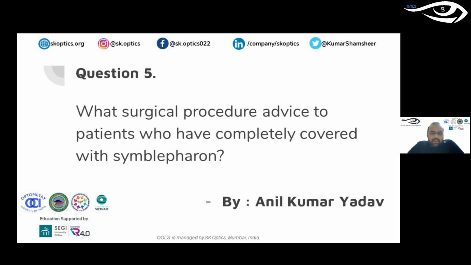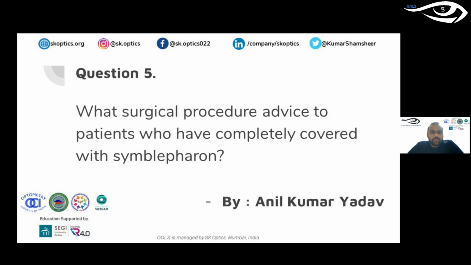Yeah. But you would actually give a contact lens, a scleral type of contact lens. From an optometric point of view, I would suggest going ahead with a scleral contact lens in a symblepharon patient. But before fitting the patient with a scleral contact lens, there would be certain surgical procedures in order to release the symblepharon, and then we would go ahead with the scleral contact lens fitting.